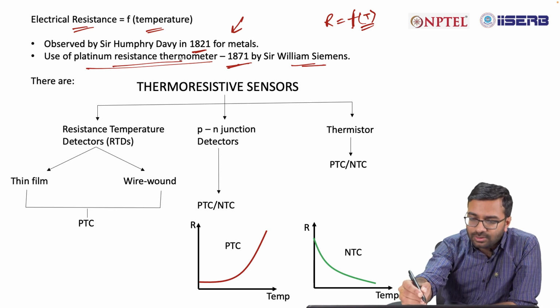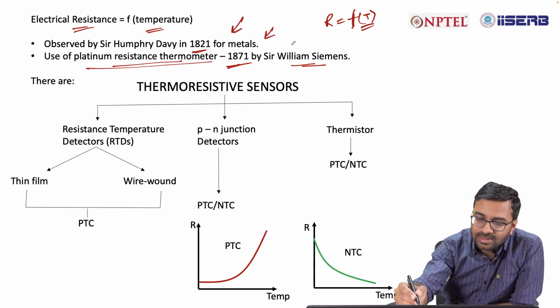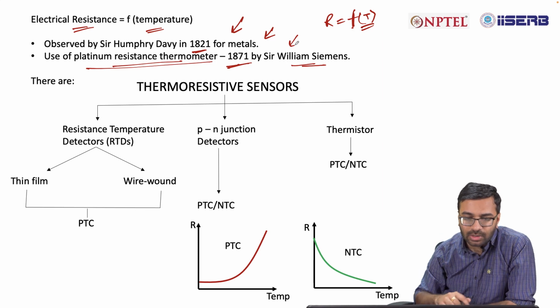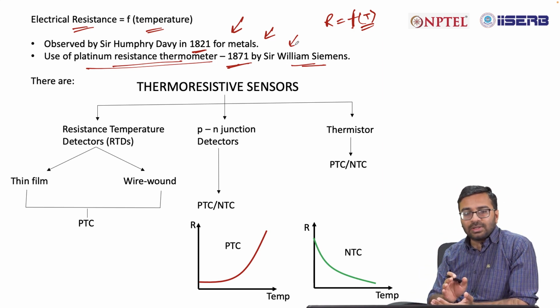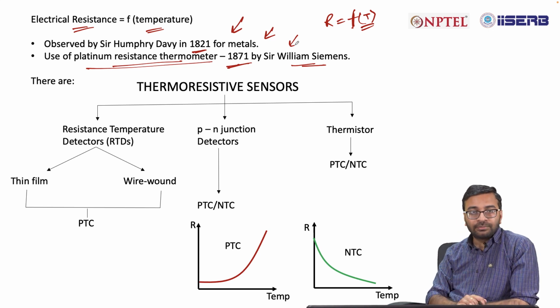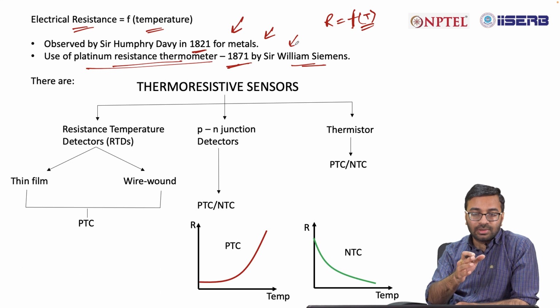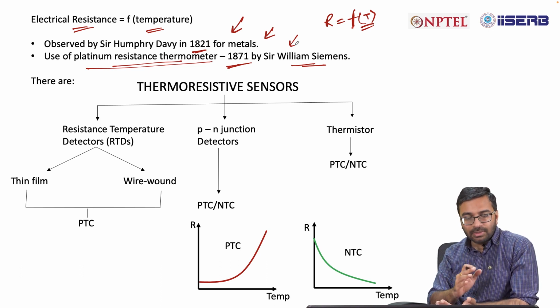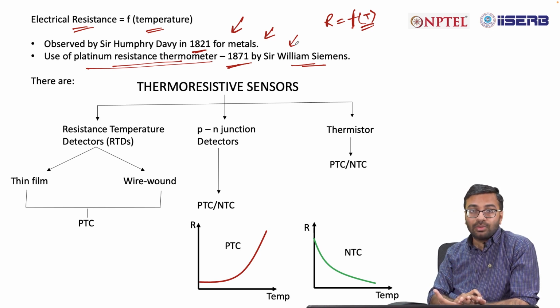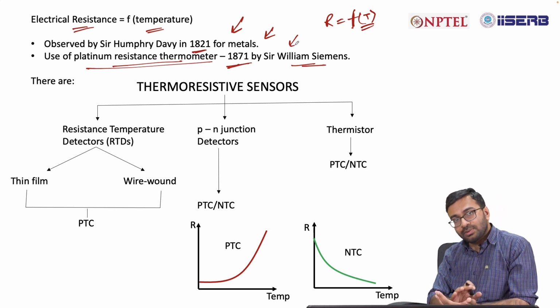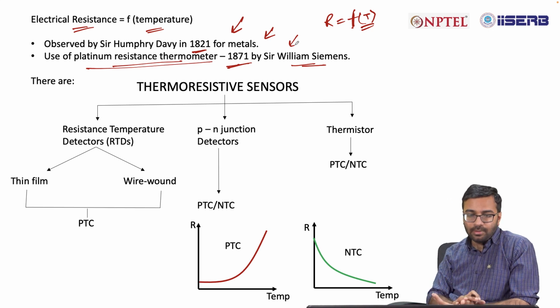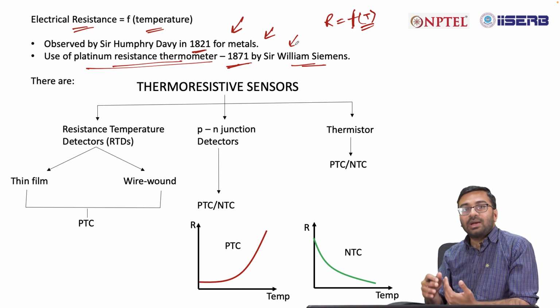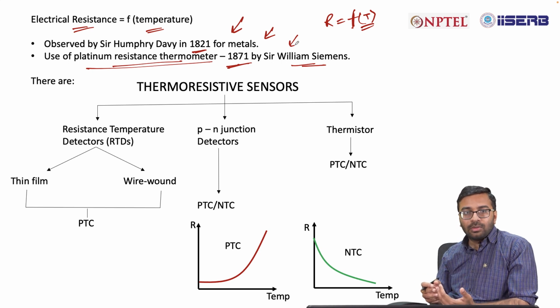The idea behind putting these two pieces of information is that in 1821 somebody saw that there is a relation between temperature and electrical resistance in metal, and then somebody made a platinum resistance thermometer in 1871 for certain applications. So, it is not something very new, that was there for a long time, but with time things have evolved in order to make those sensors more applicable or more sensitive.